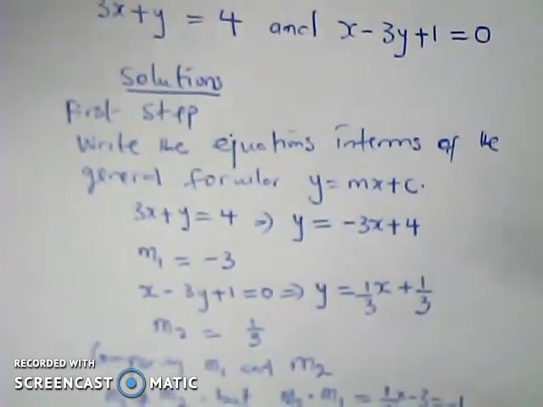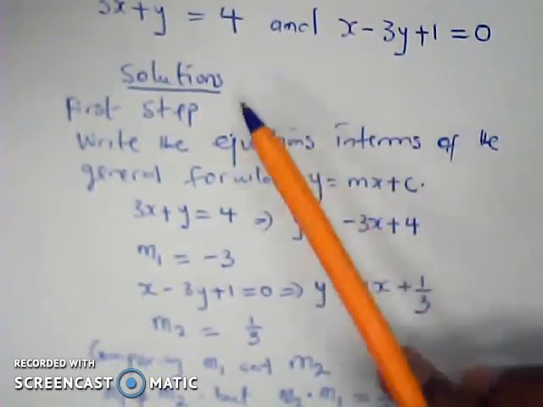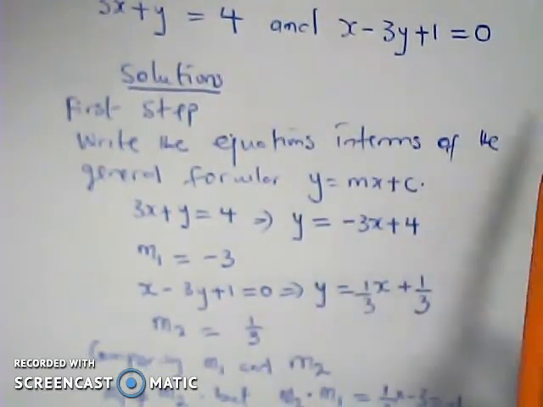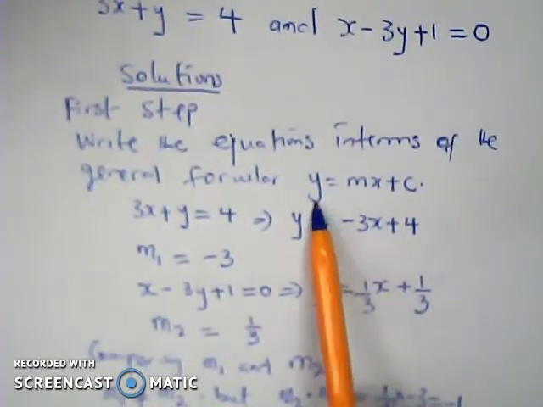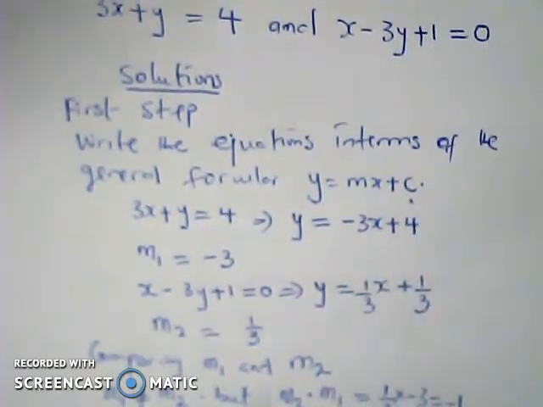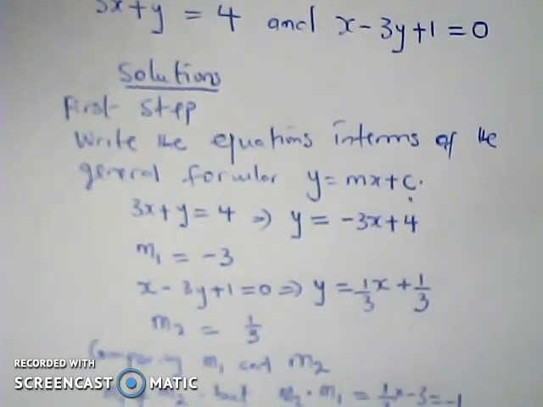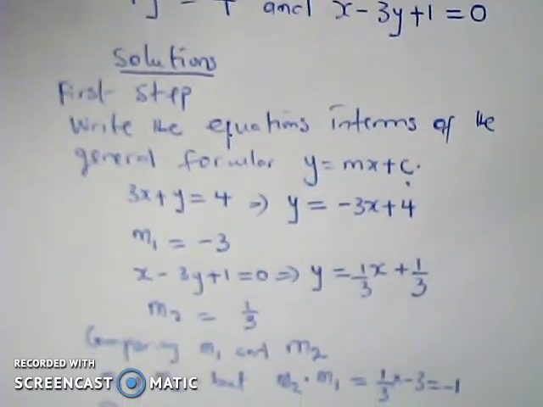The first step is to write these equations in the standard form of a line, y equals mx plus c. Then you can know your m1 and m2, which are the slopes of line 1 and line 2.